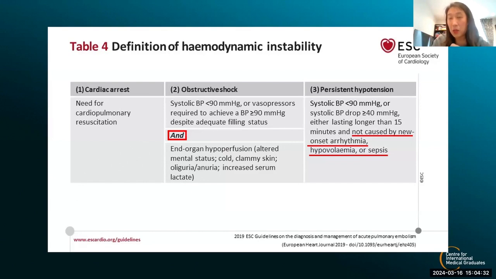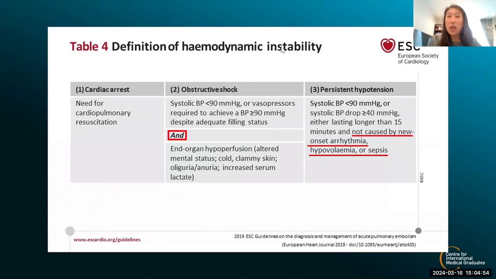That is important. So you need to fluid resuscitate the patient if necessary. And if the blood pressure is still low and you need pressors, that's one sign. But this must be accompanied with signs of end organ hypoperfusion, so altered mental status, clammy skin, oliguria, and another reason to do an ABG was to look at the lactate as well.